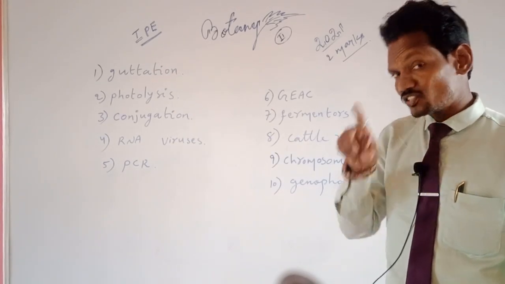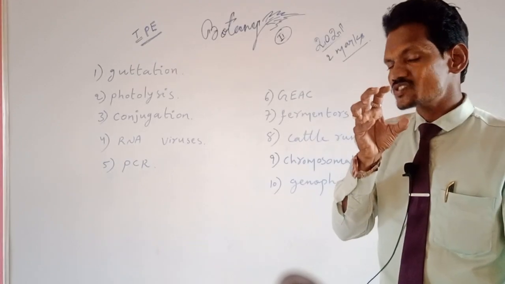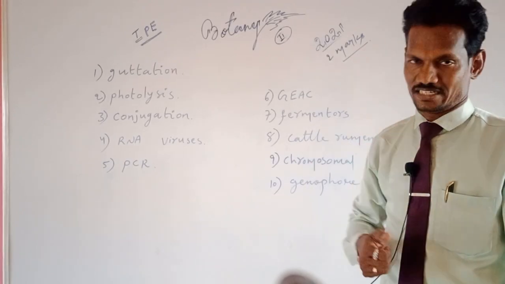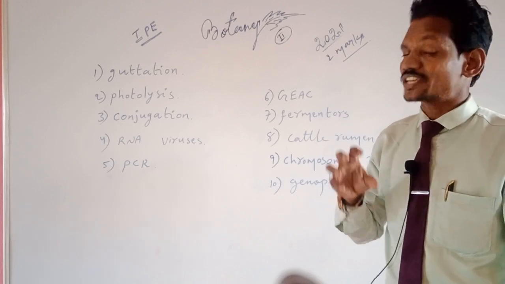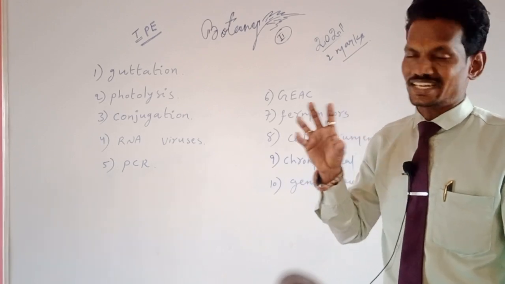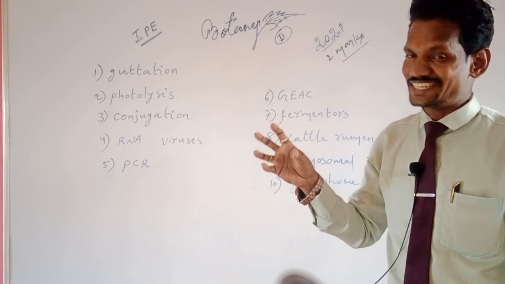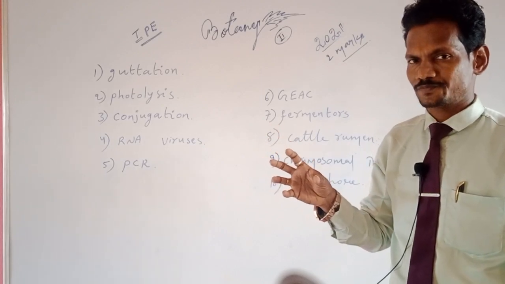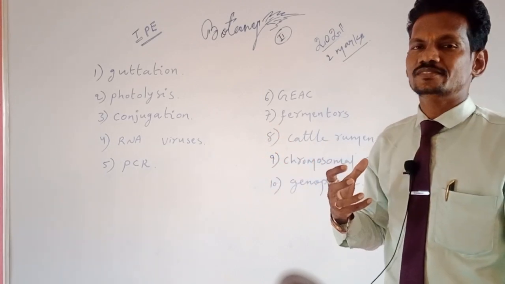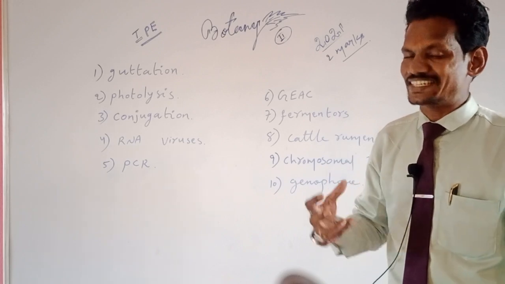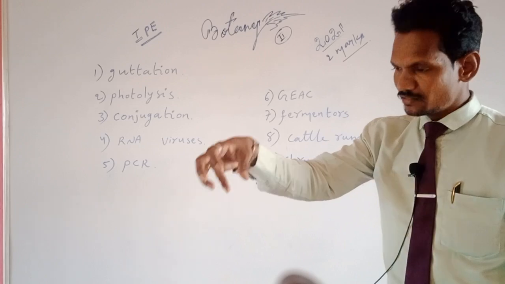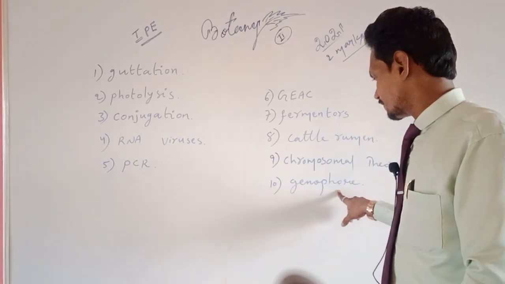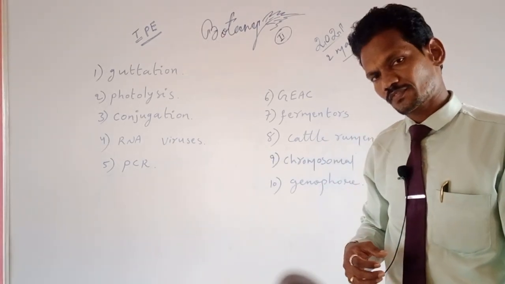The naked circular DNA structure is known as plasmid. Plasmid means naked circular genetic material DNA. The naked main genetic material found in a bacterium is known as xenophore.